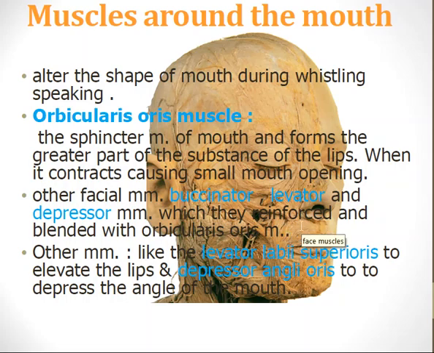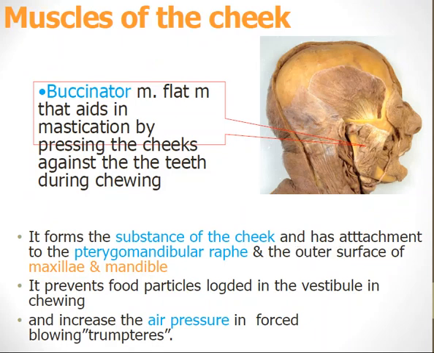The levator labii superioris is present here in this region, causing elevation of the lips. The other point is the buccinator muscle, which is a flat muscle present in this area in the cheek, and actually it is a muscle of mastication by pressing the cheek against the teeth and preventing lodgement of food in the vestibule, what is called the vestibule area inside the oral cavity.